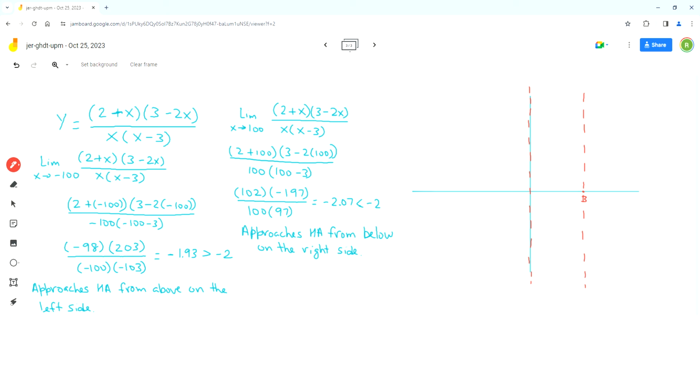Now as per the end behavior we got around the vertical asymptote, on the left side of x equals 0, the end behavior is towards positive infinity, and on the right side of this vertical asymptote it's towards negative infinity. Now for the other vertical asymptote, to the left side it's positive infinity, and to the right side it's negative infinity.